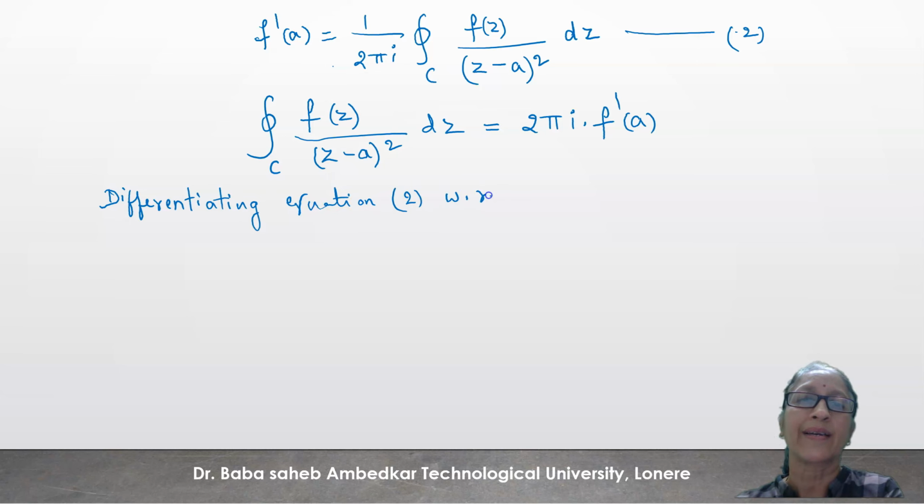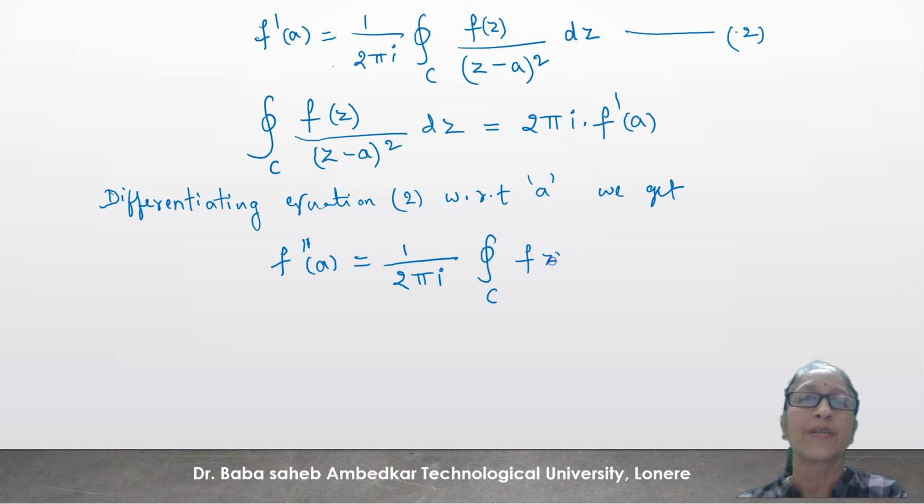With respect to a again, we use the same formula, then we get f double dash of a equal to 1 by 2 pi i into del by del a of f(z) by (z minus a) whole square. That means f(z) into minus 2 by (z minus a) whole cube into the derivative of z minus a, that is minus 1, dz. You get like this.